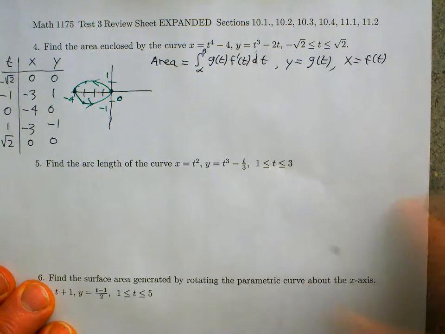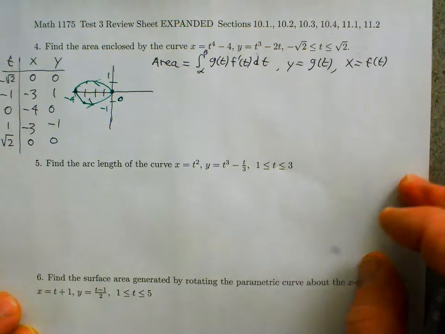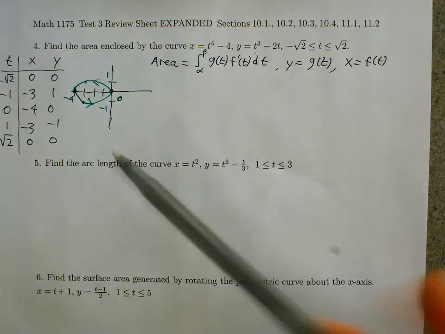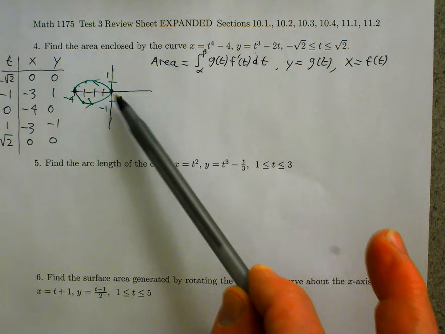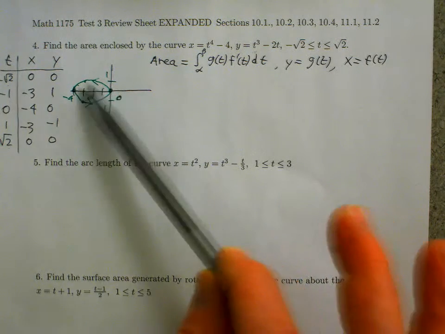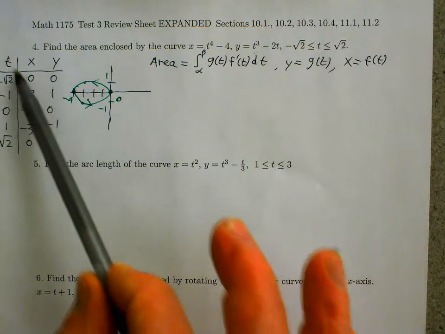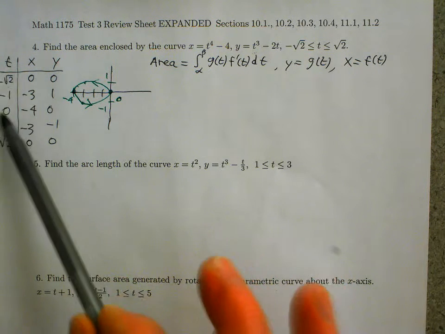Okay, I'll point out something. Notice that when x ranges from 0 to -4, the t-values range from -√2 to 0.